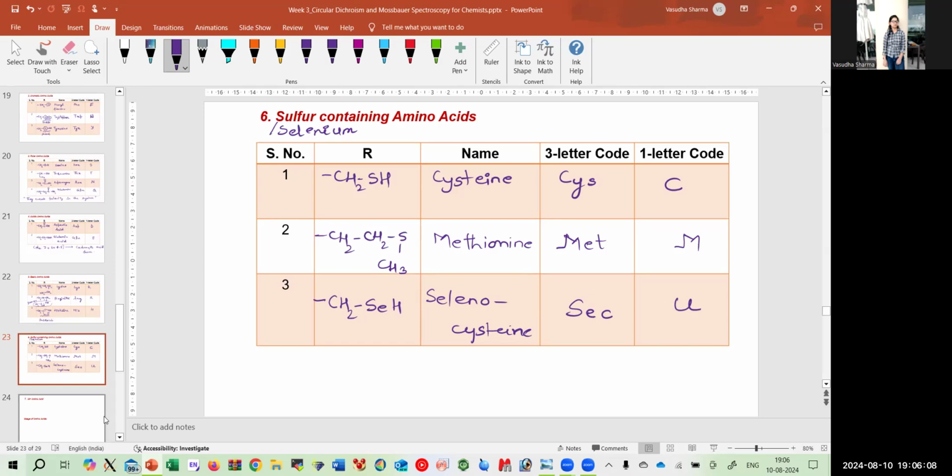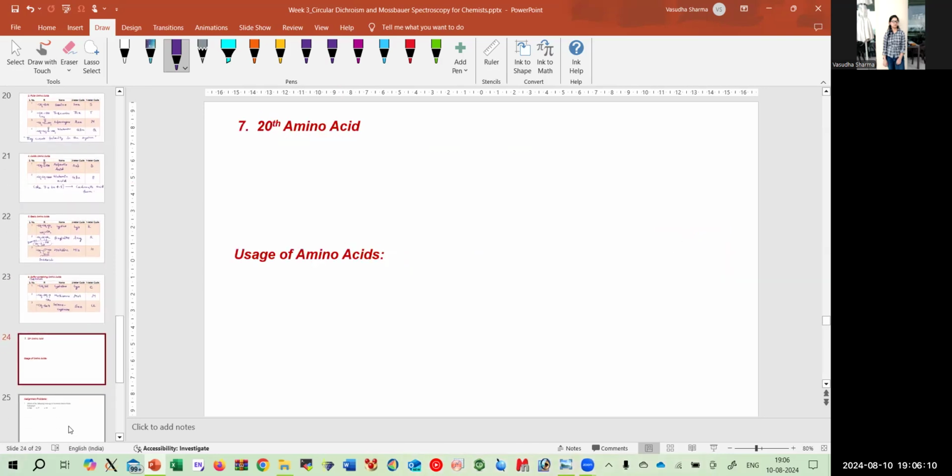And the last amino acid that we have kept separately, that is the 20th amino acid, has this kind of structure. So this is basically a secondary amine. This is not a tertiary amine, and it is not a primary amine. It is a secondary amine.